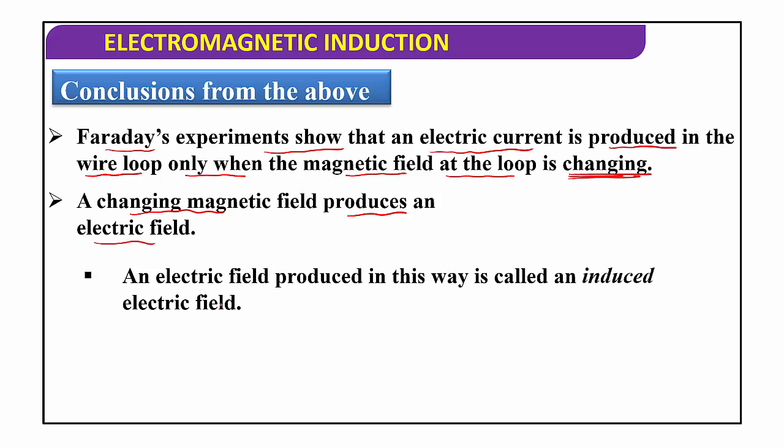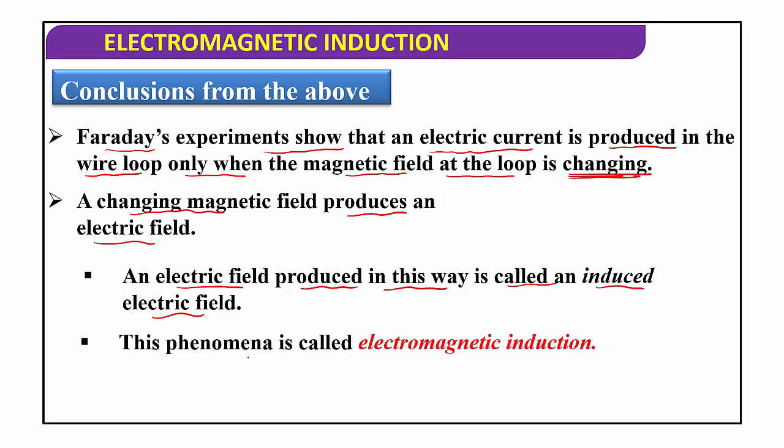Observe this point. An electric field produced in this way is called an induced electric field. When you produce an electric field in this way, means just by changing the magnetic field, we induce the electric field. So we can call it an induced electric field. So this phenomenon is called electromagnetic induction.